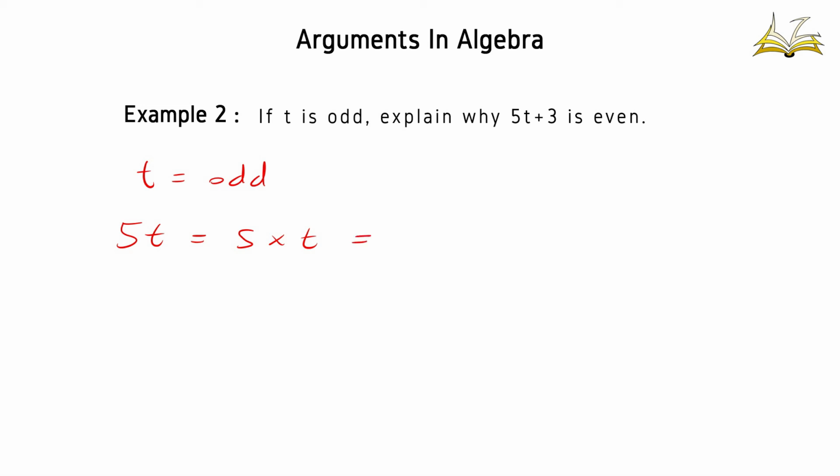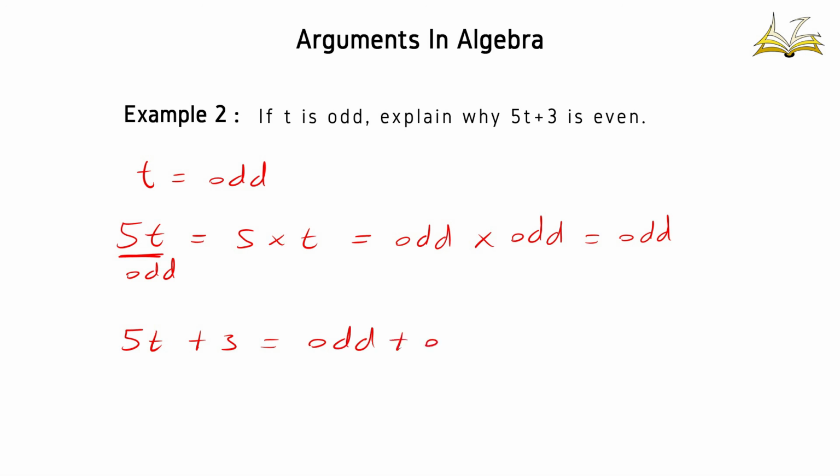But 5 times t is basically 5, which is an odd number, multiplied by t, which is an odd number, which gives you odd. Okay, so we now know that 5t is odd. So 5t plus 3 is odd plus odd, which we've seen earlier to be even. And that's that.